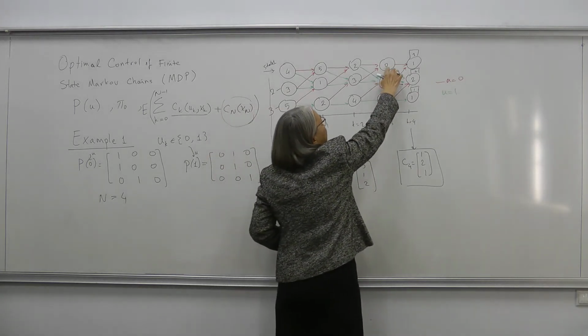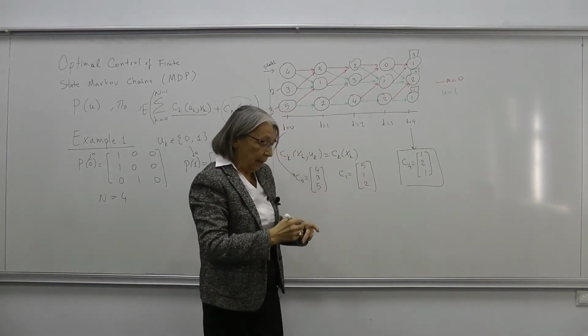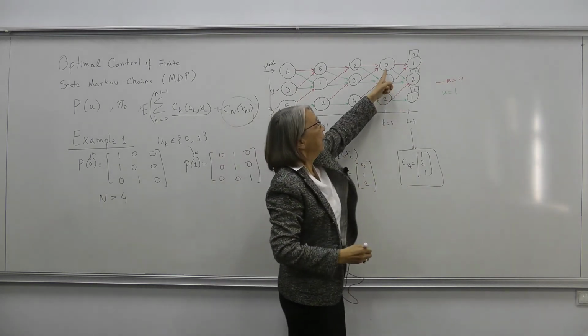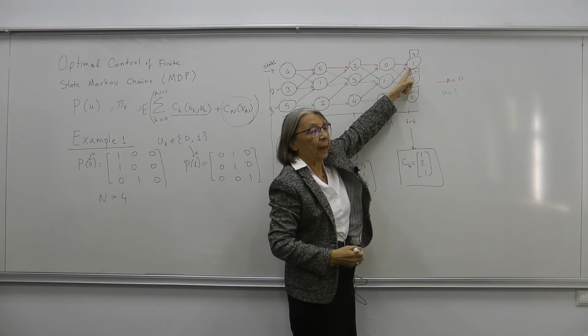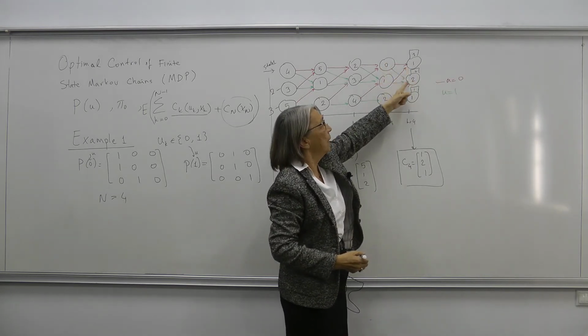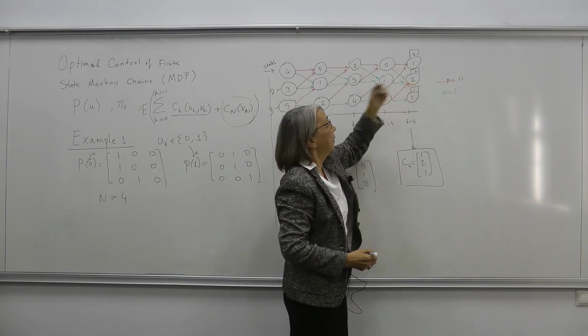But now let us assume that we are here at time 3, and we are at that state. Then we have two different choices: either we can choose the input 0, or we can choose the input 1.